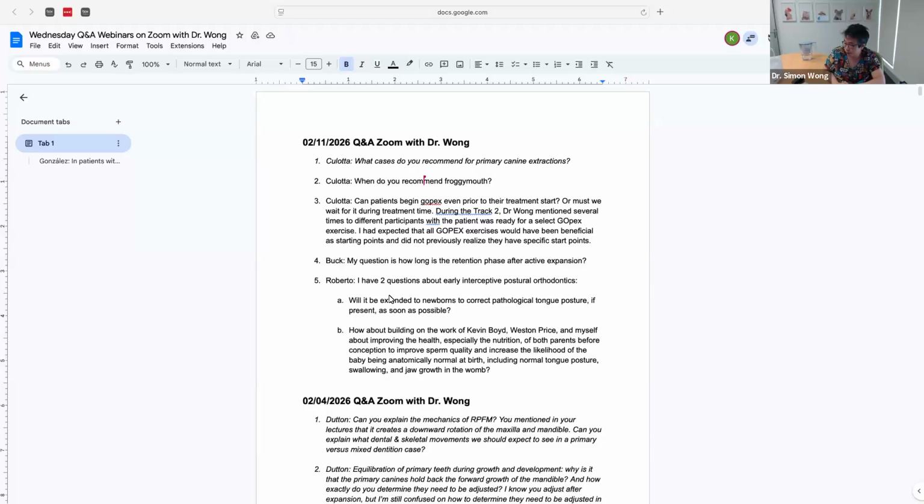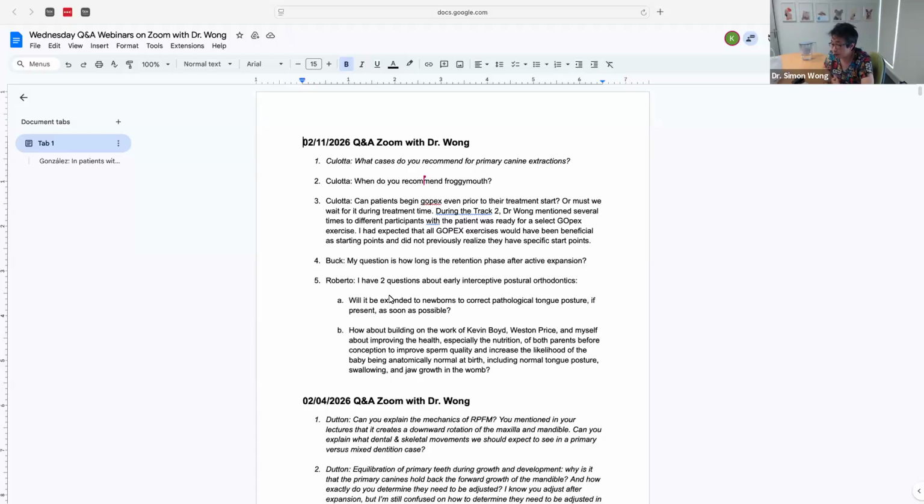Children who have minimum malocclusion, who are not in need of a lot of structural changes, they can use the Froggy Mouth as a standalone treatment as well. Theoretically, it can be used at the end of any treatment.